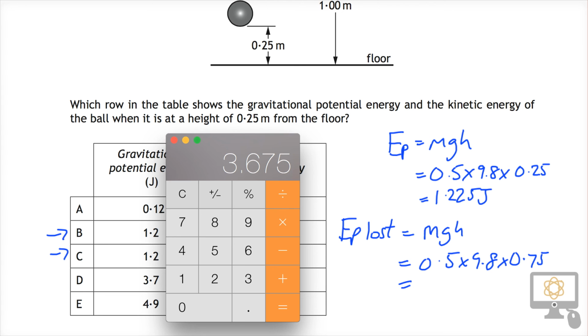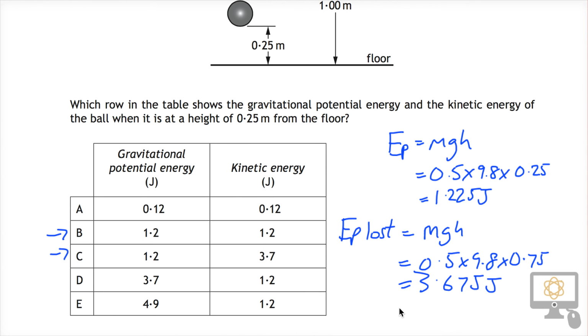So we can add that in to our reading here, 3.675 joules, and we'll just get rid of the calculator.